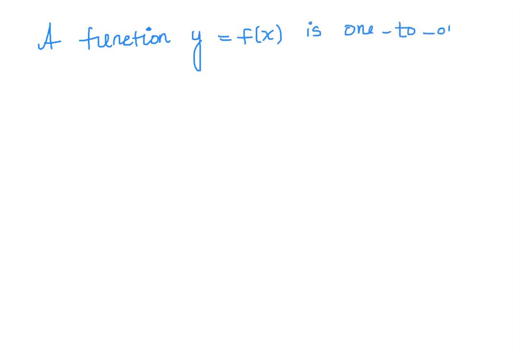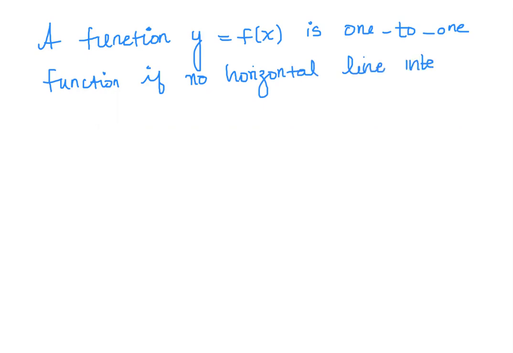A function y equals f of x is one-to-one if no horizontal line intersects the graph in more than one place.